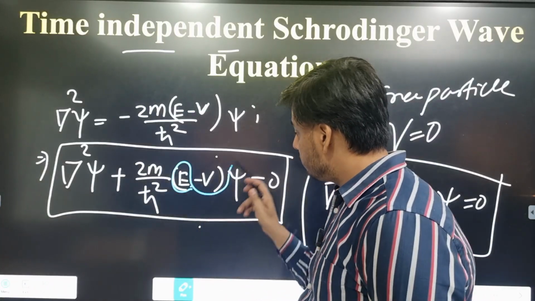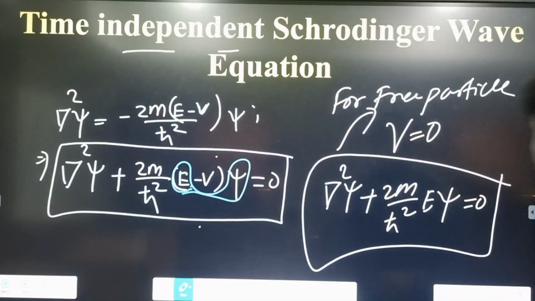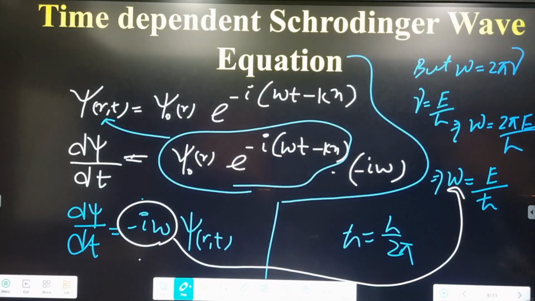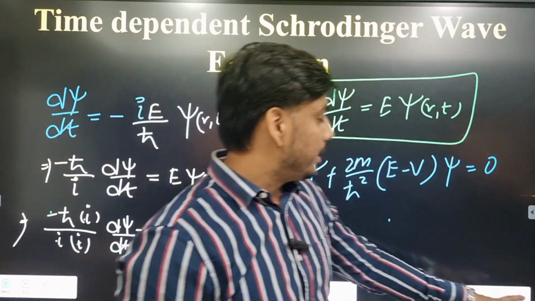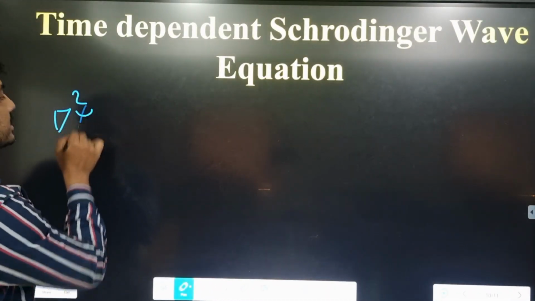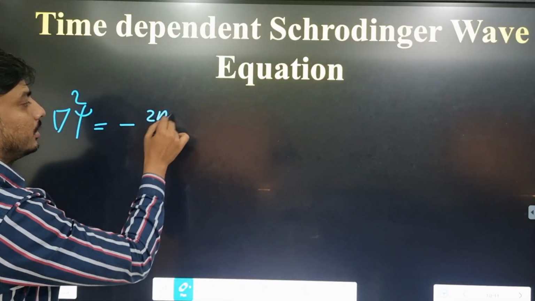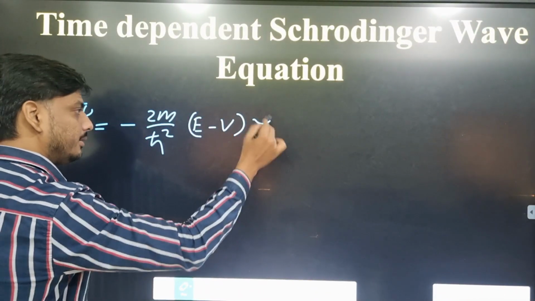Here we have E into psi minus V into psi. In place of E into psi, we have to just use that value. So we can write del square psi equals minus 2m by h cross square (E minus V) psi.